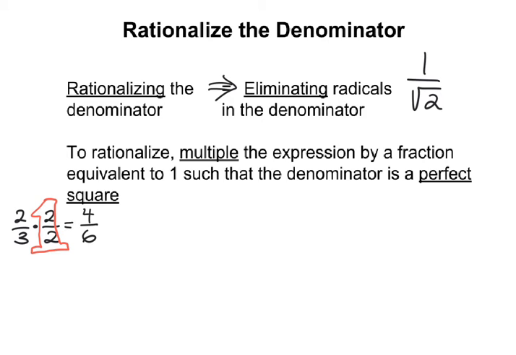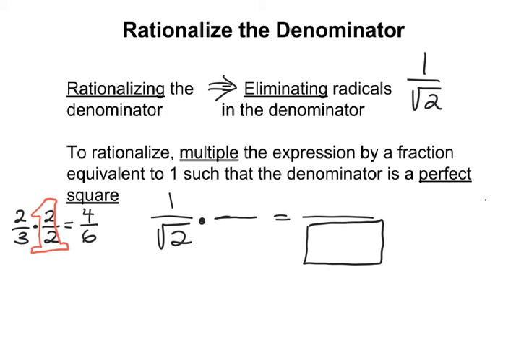It doesn't change its value, it just changed the way that it looks. So we're going to do the same thing when we look at numbers that have a radical in the denominator. So our ultimate goal is that we want to multiply it by something equivalent to 1, so it has to be a fraction, and that our final answer, that this denominator right here, is a perfect square.